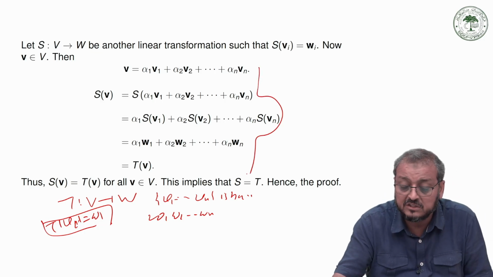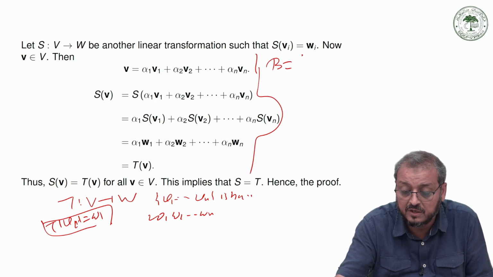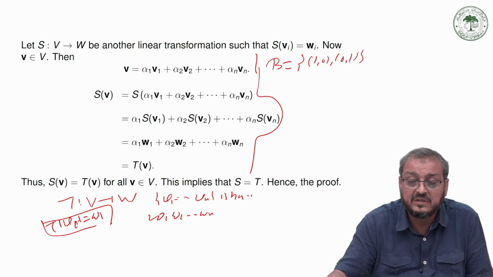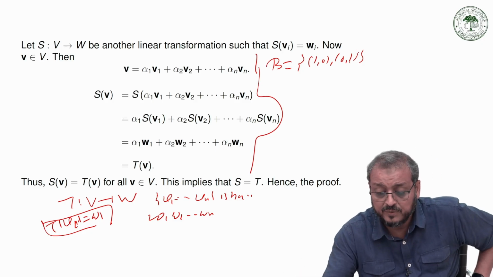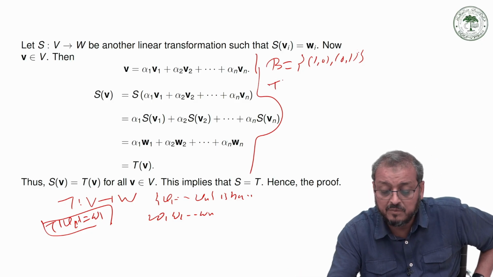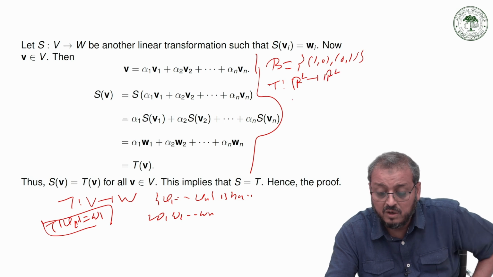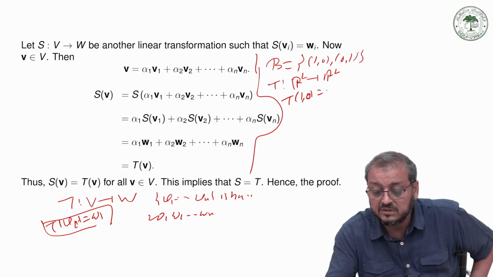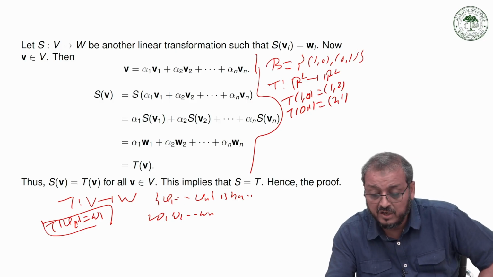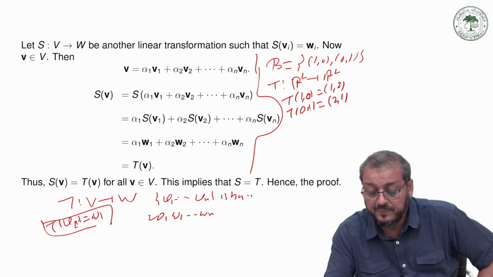For example, suppose I take the basis B equal to (1,0) and (0,1), the standard basis for R2. Let T be a map from R2 to R2 with T of (1,0) equal to (1,2) and T of (0,1) equal to (2,1), and then we check whether this map is linear or not.